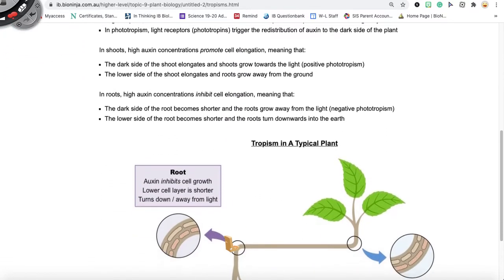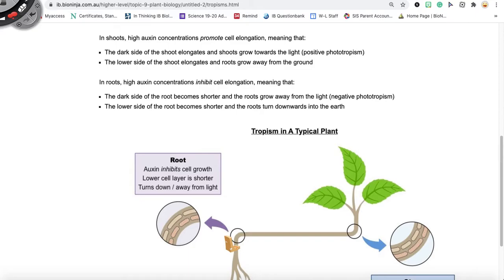All right, so let's focus on how auxin affects the shoot and the roots a little bit differently. In shoots, I've told you before that auxin concentration promotes cell elongation. That means that the dark side of the shoot elongates and shoots grow towards the light.